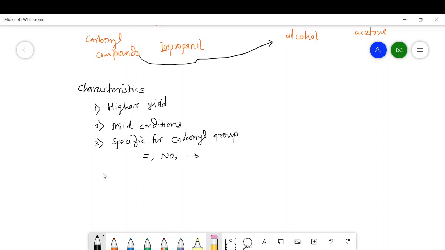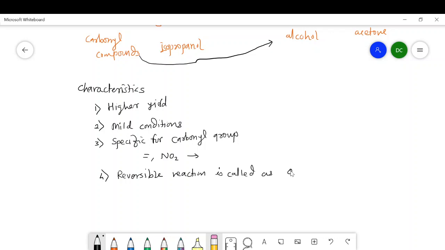The fourth characteristic or advantage of this MPV reduction reaction is that it is a reversible reaction. The reverse of this MPV reduction reaction is called Oppenauer oxidation.